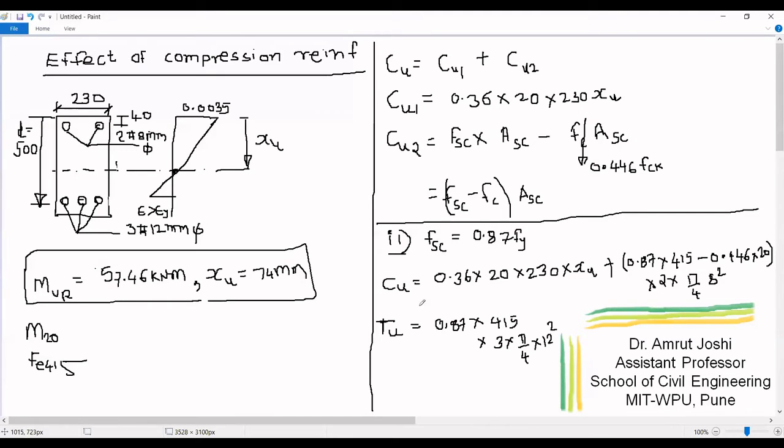For equilibrium, if I equate now Cu and Tu, I will get the value of Xu. So let us find out that. So Xu works out to be 52.59 mm.